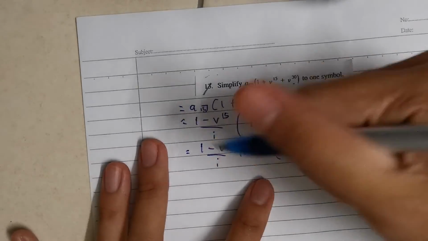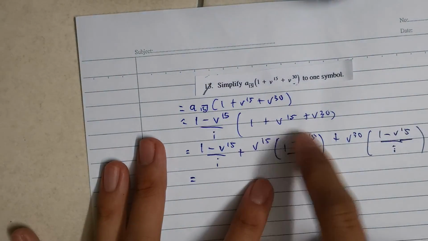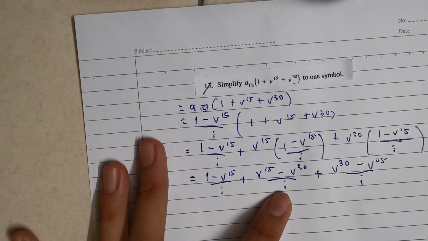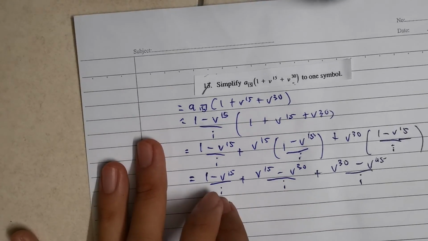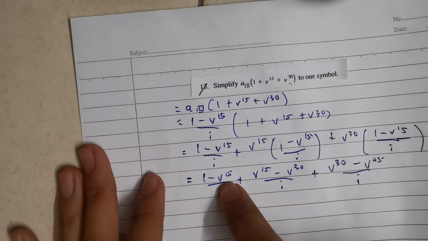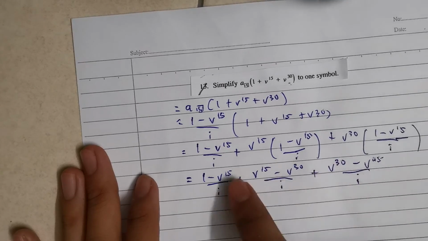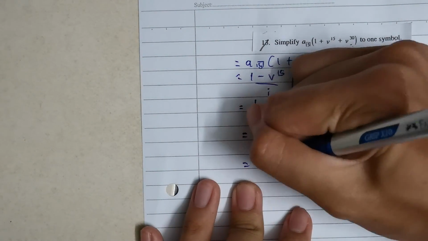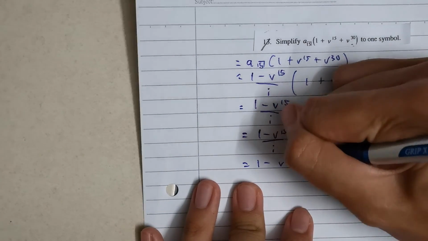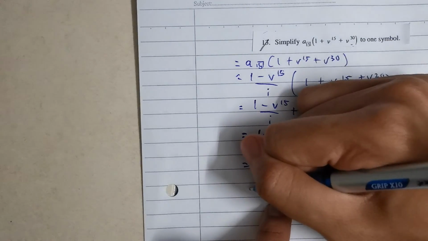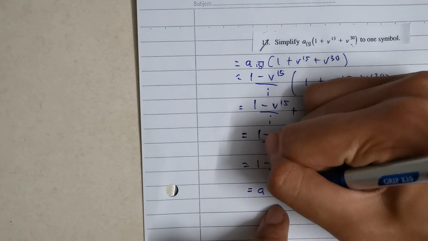Okay, then we can expand it here. The denominators are the same, so we can just add the numerators. So we will get (1 minus v^45) over i. So we can change back to A angle, so the answer is A angle 45.